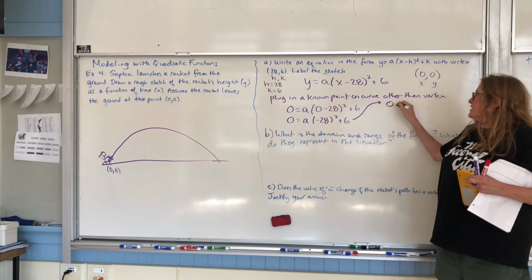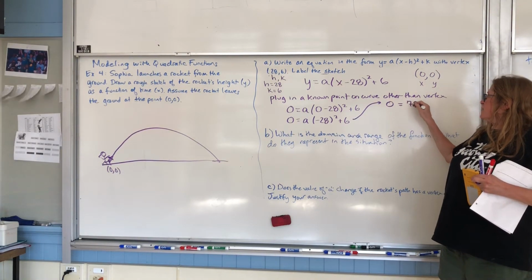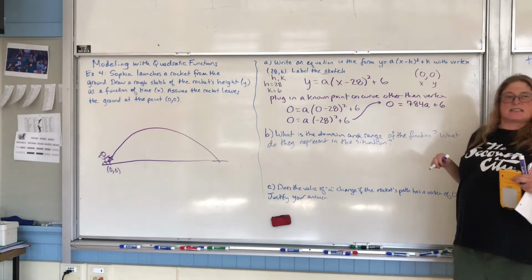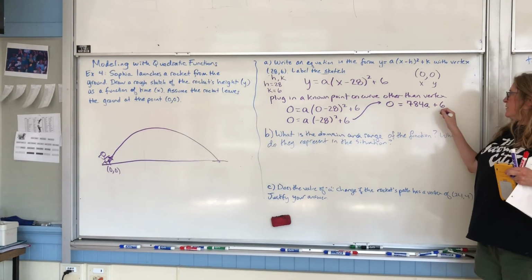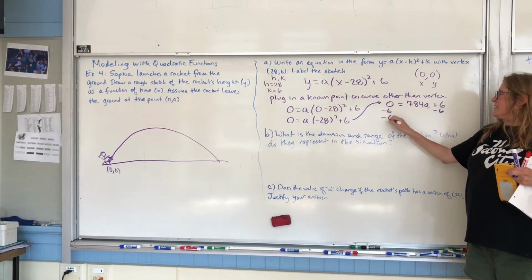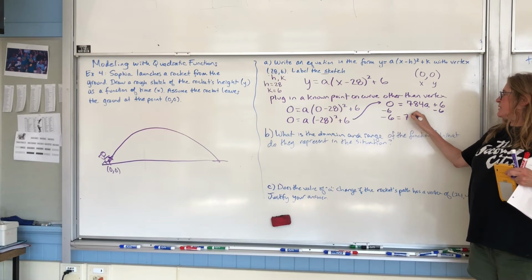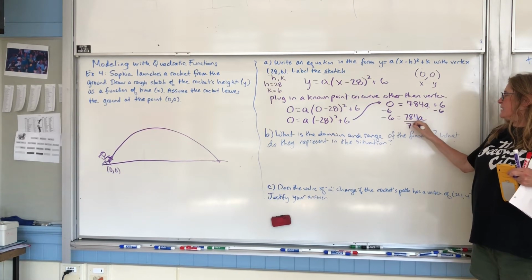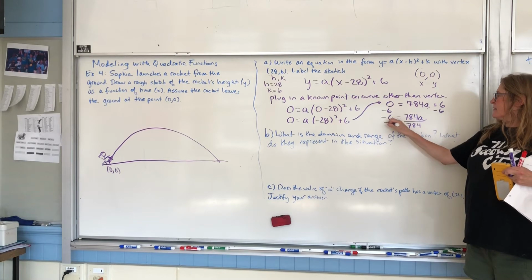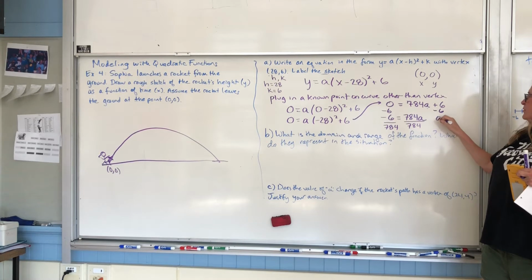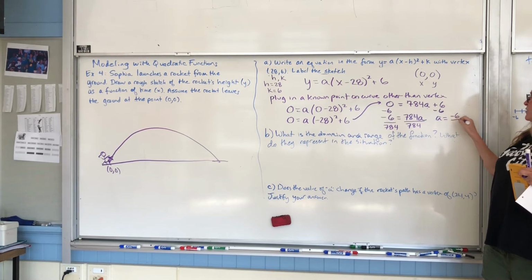So this gives me 0 equals 784a plus 6. So if I subtract 6 from both sides, I get negative 6 equals 784a, and if I divide by 784, I get a equals negative 6 over 784.